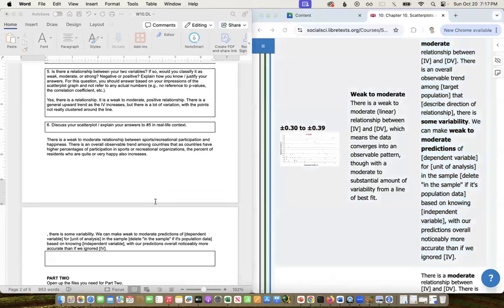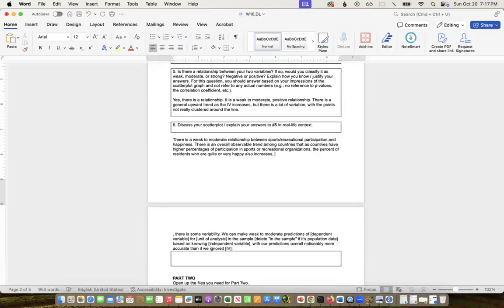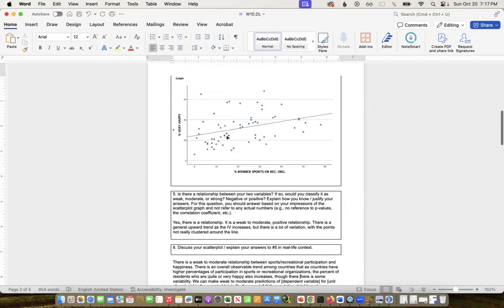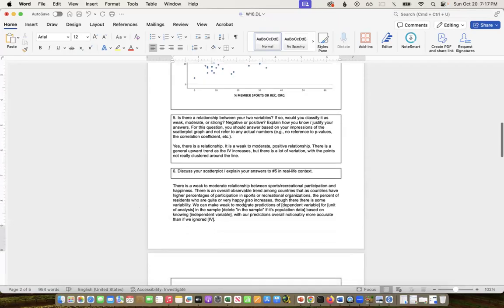No, that's fine. So there's this overall observable trend, but there is some variability, right? Because it's not just, you go over, you go up. We can see there's variation there.